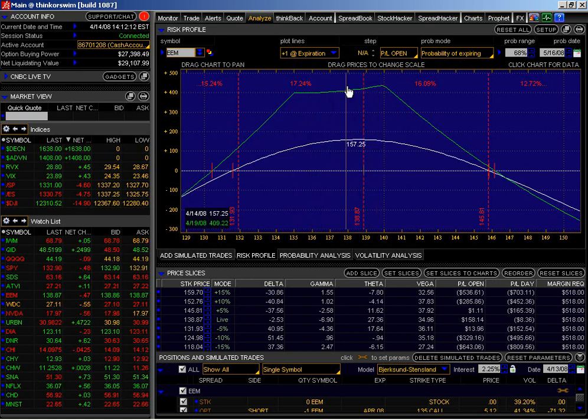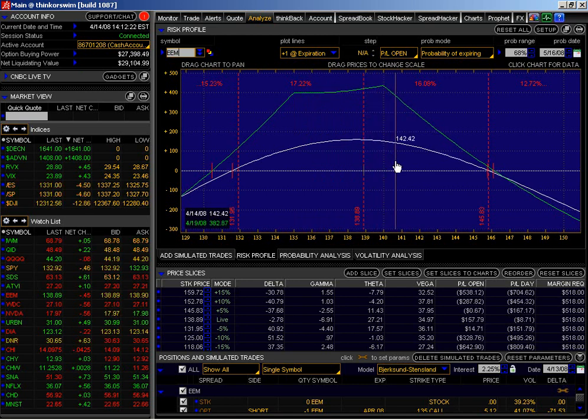Our tent is not sagging; it's up quite high, and the only reason I'm staying in this position is that I got in kind of late. I actually had to adjust this position a little bit, but I think we're still in very, very good shape here, and this will continue to be profitable.